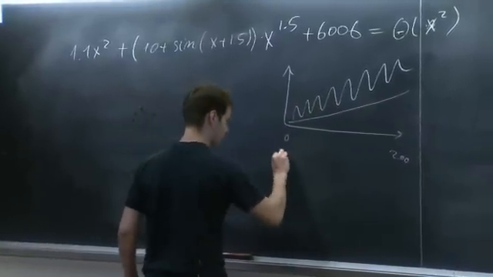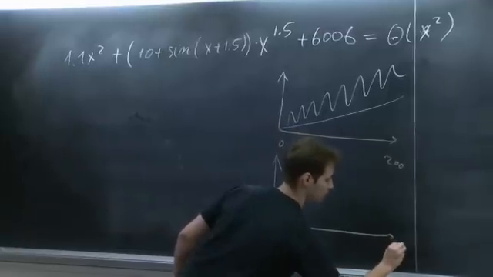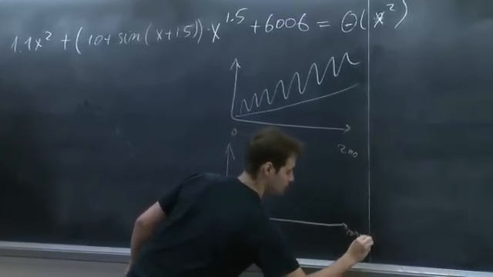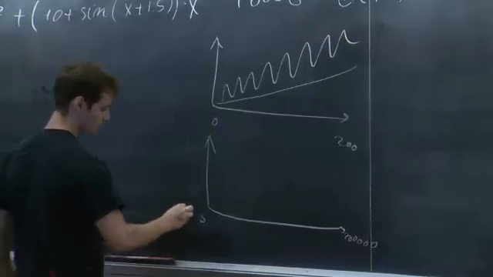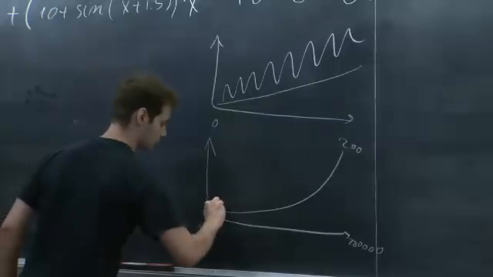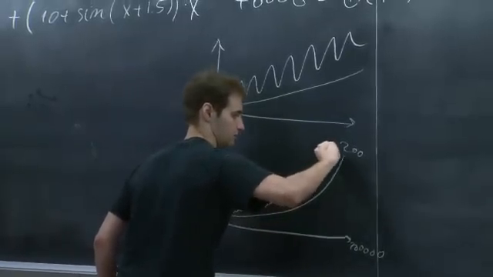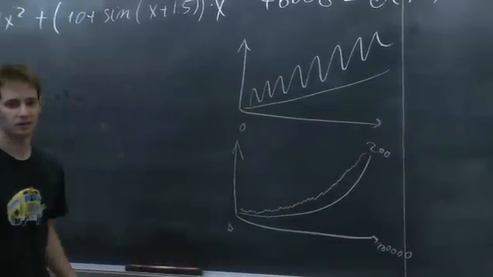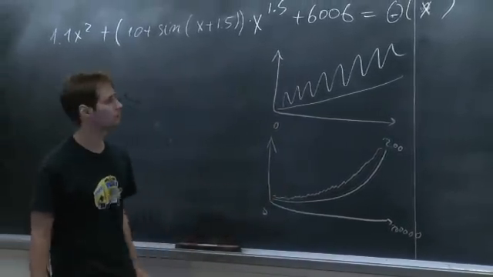However, if I make my scale 0 to 200,000 to make sure that it's going to be correct, x squared looks like this. And this function looks like this. And as you make the scale bigger and bigger, you can't even see this noise anymore.